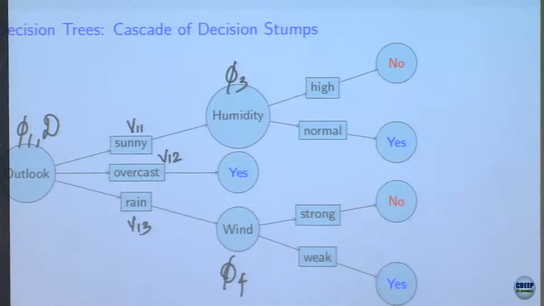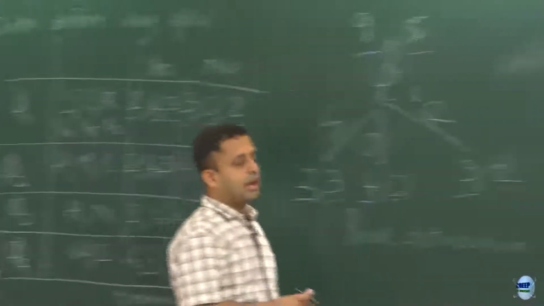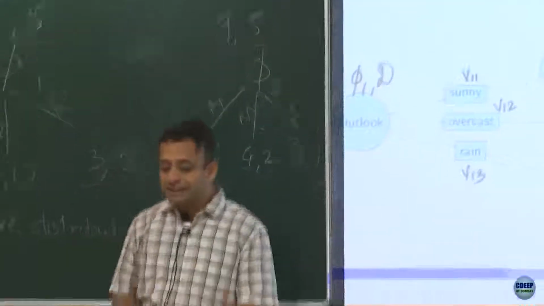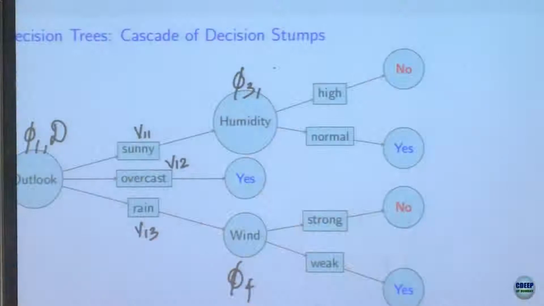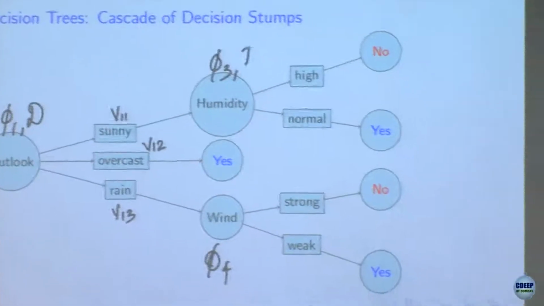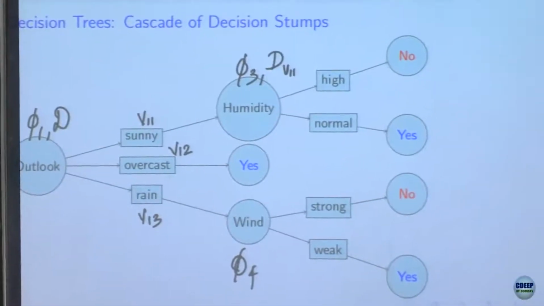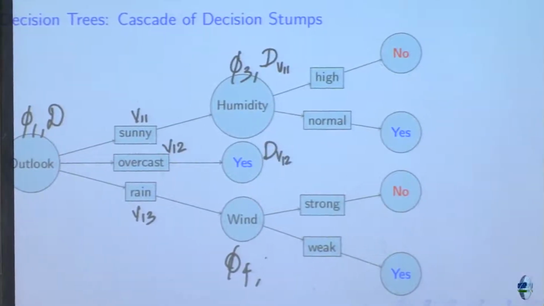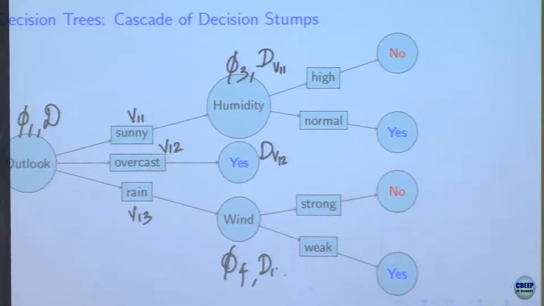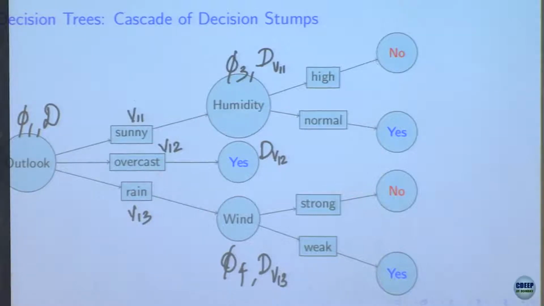And along each branch, now I have further refined my data, all those instances which satisfy that. So I will call this DV11, DV12, DV13. So the data itself has now been refined along the 3 branches, and so on.